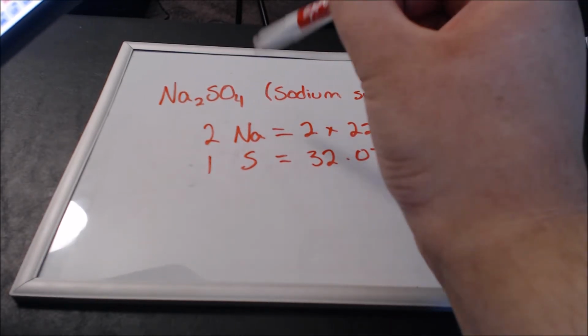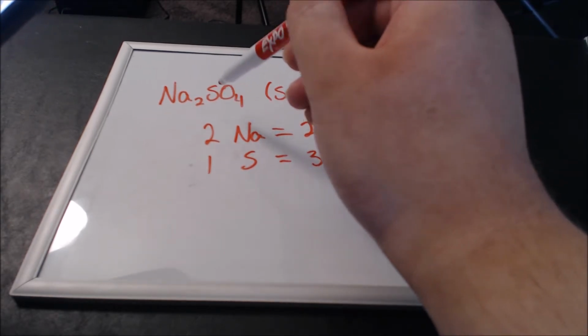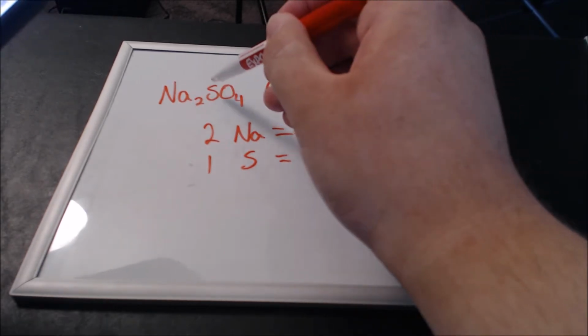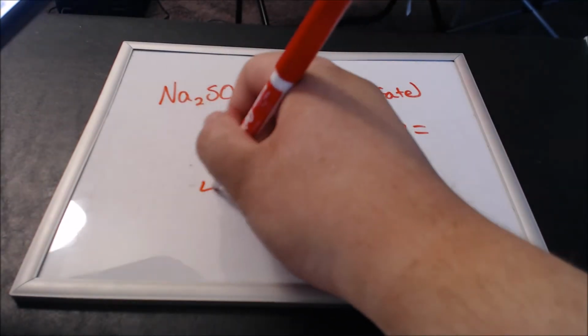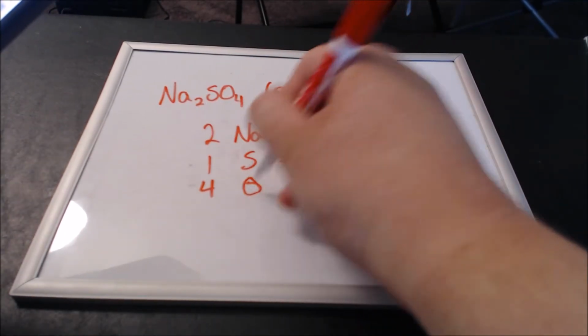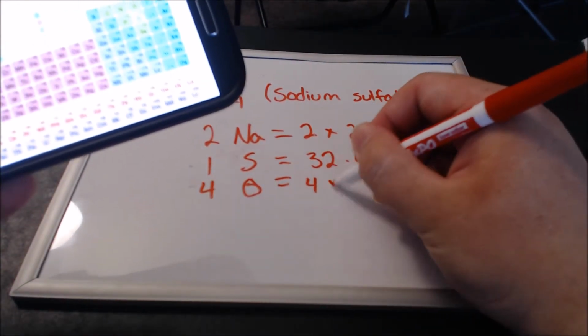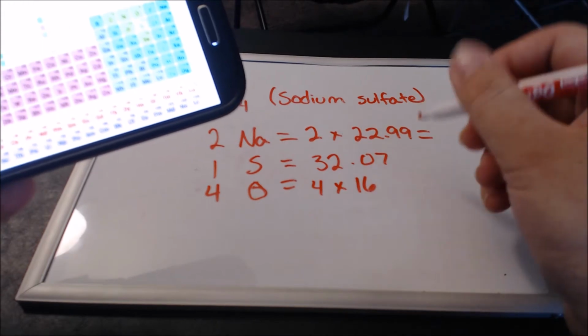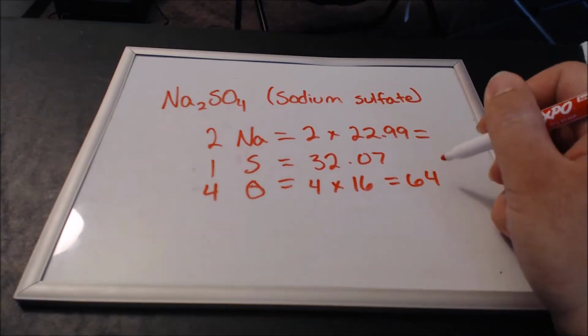But we're not going to see capital S lowercase o on the periodic table, so we know that these are 2 separate atoms. So let's say we have 4 oxygens, which is going to equal 4 times 16. So that's going to equal 64. I know that one off the top of my head.